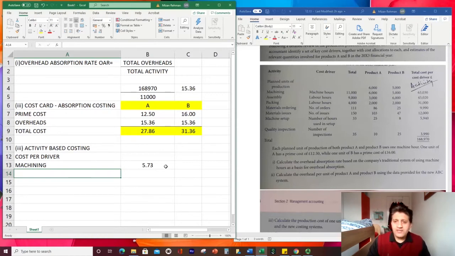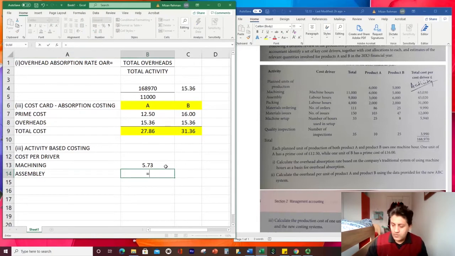Now this is going to be the total one. And the next one is assembly, and the driver is labor hours. The total cost was 43,020 divided by the total number of labor hours in assembly, which are 9,000.